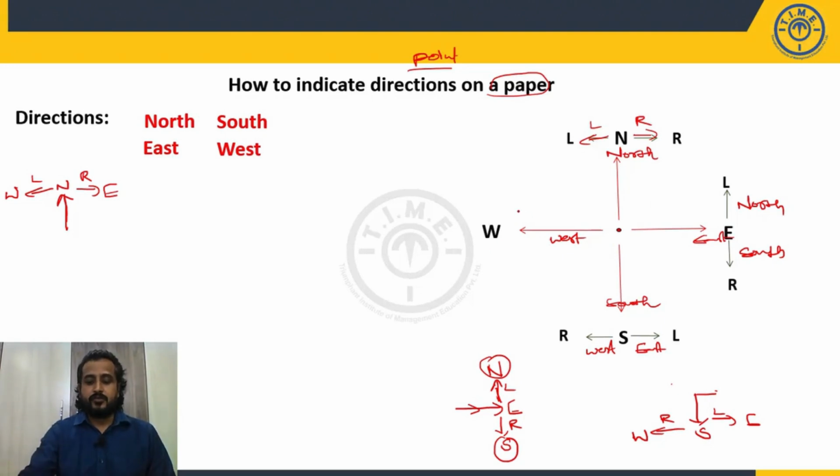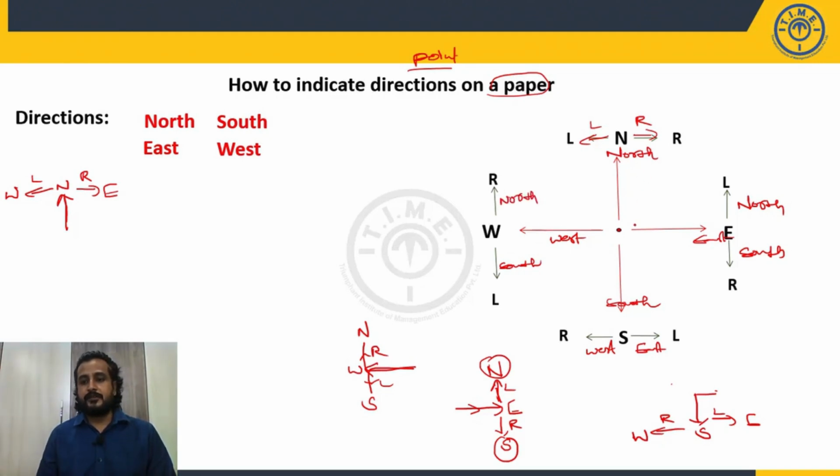Now while the person is moving towards west, when he is moving like this, this will be his left hand side and this will be his right hand side. The left is towards south and upwards is north. So while moving towards west, the left hand side is south and the right hand side is north.